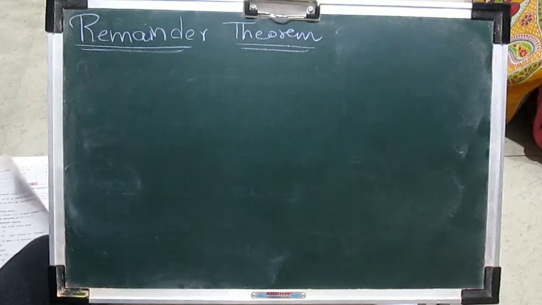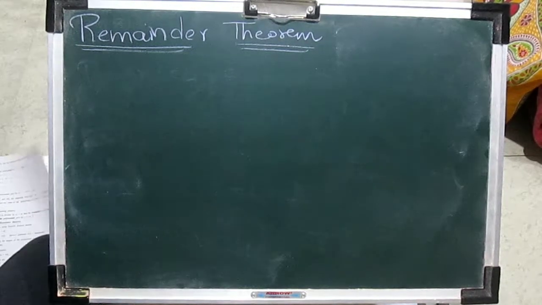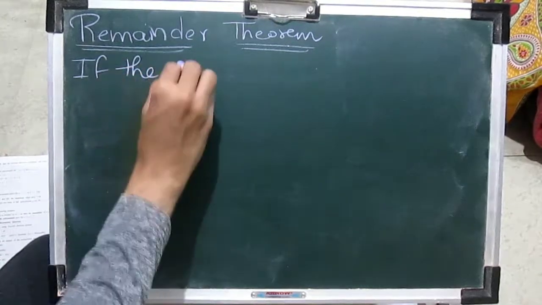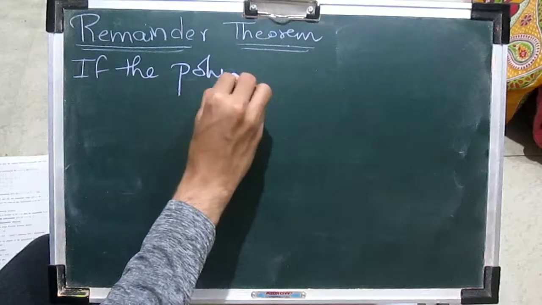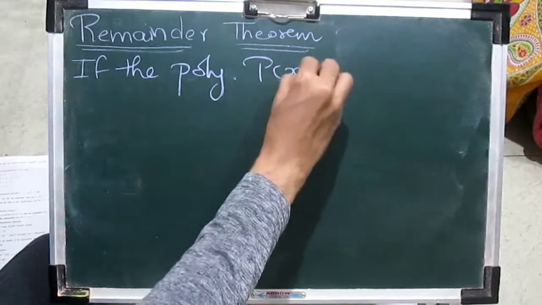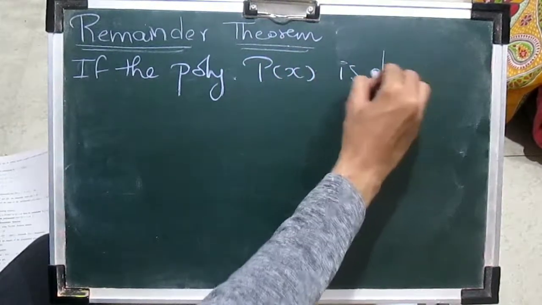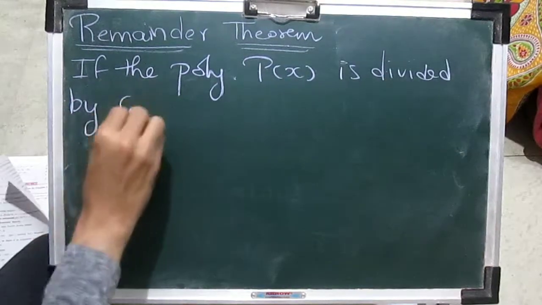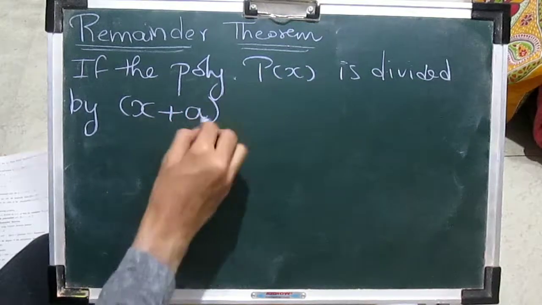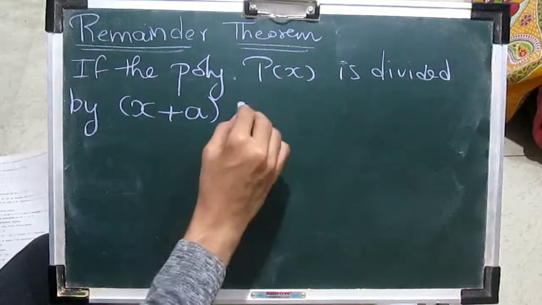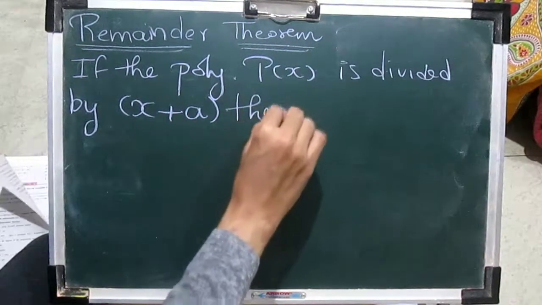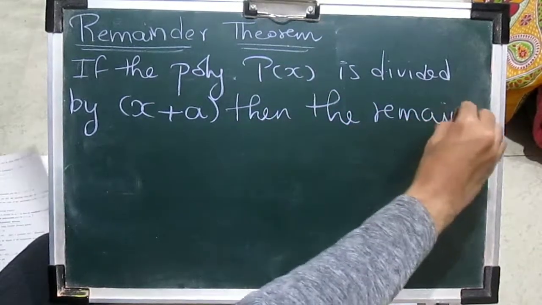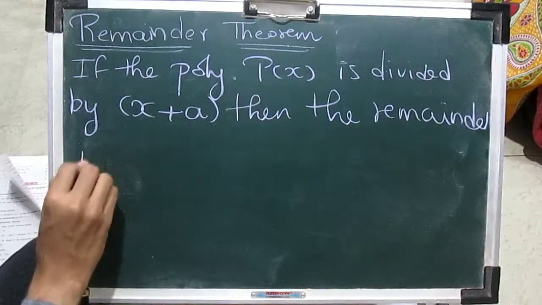So what does the remainder theorem tell us? It tells that if the polynomial p of x is divided by, suppose I say x plus a, you can use x minus a simultaneously, then the remainder is nothing but p at minus a.